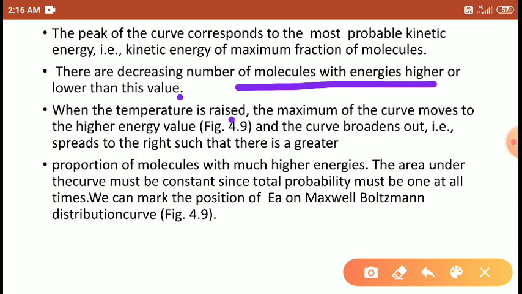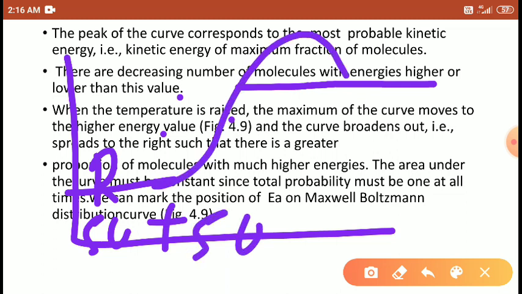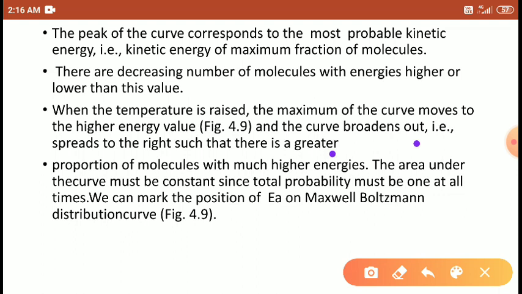When the temperature is raised, the maximum of the curve moves to higher energy. When the reactant particles are at 50 kilojoule and we add another 50 kilojoule, it moves to a higher level, or the curve broadens out, so there is a greater proportion of molecules with higher energy.